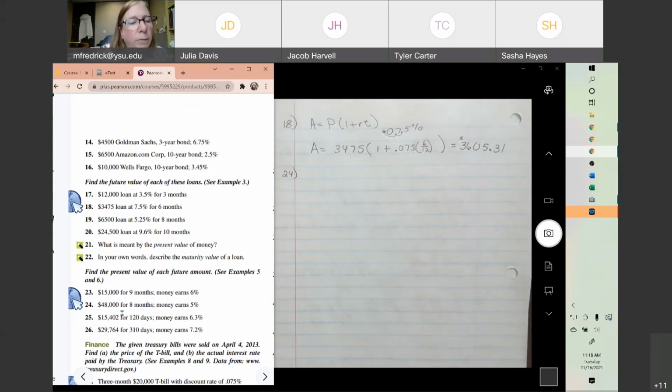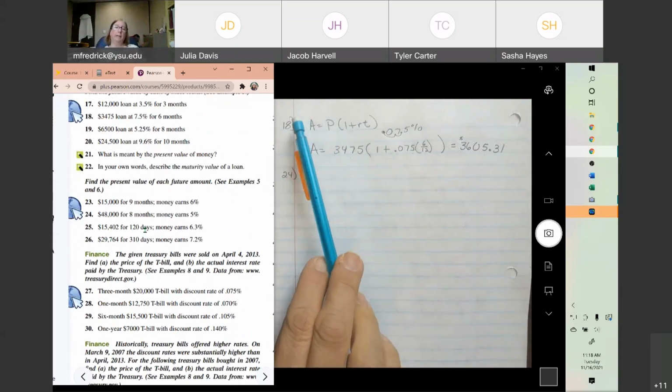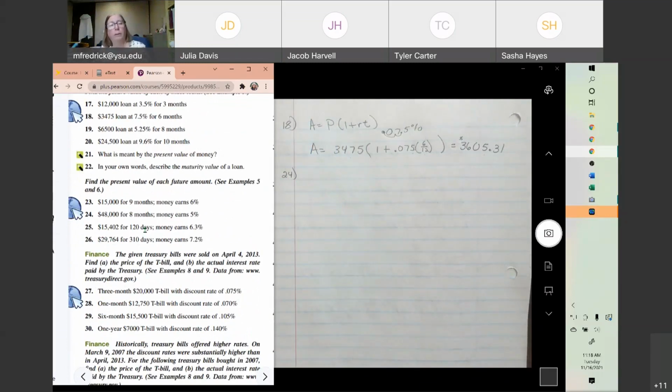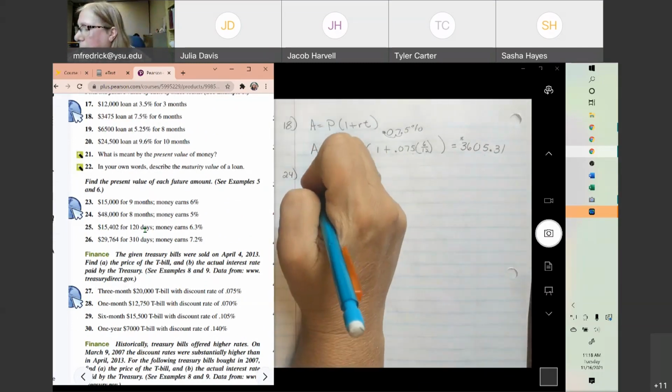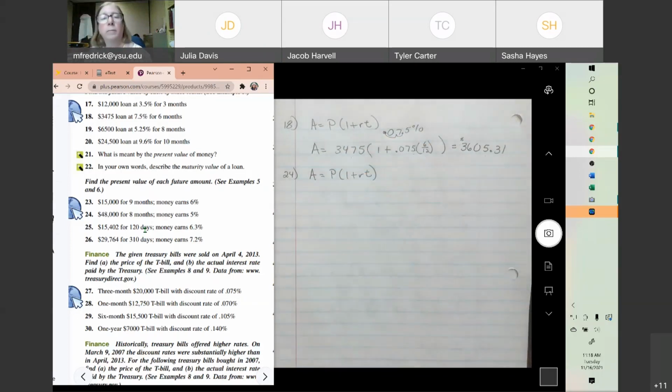Let's try 24. Find the present value for each future value. So in this one, they're giving us the value at the end. We need to find the value at the beginning. So instead of giving us a P, it's giving us A. So we're still going to use that same formula, but we're going to look for P instead. So for number 24, A is the 48,000.